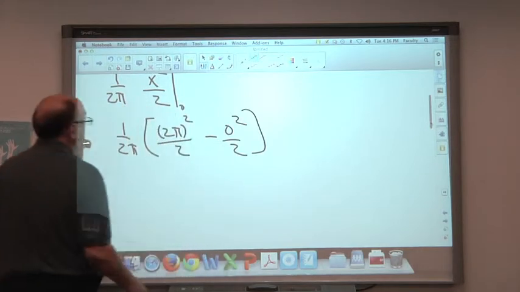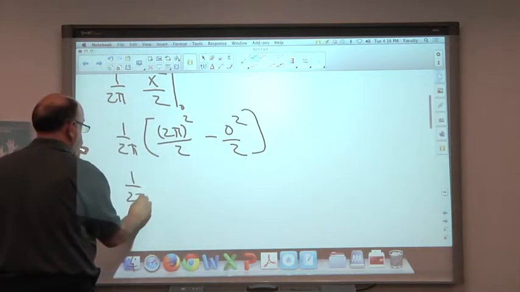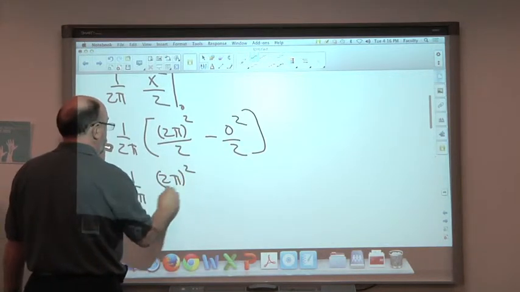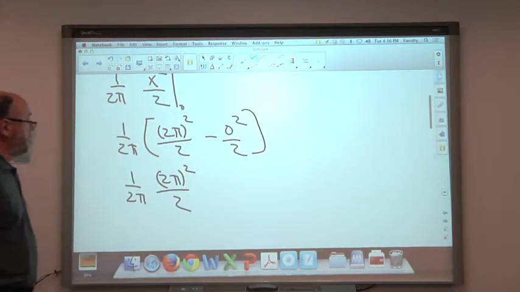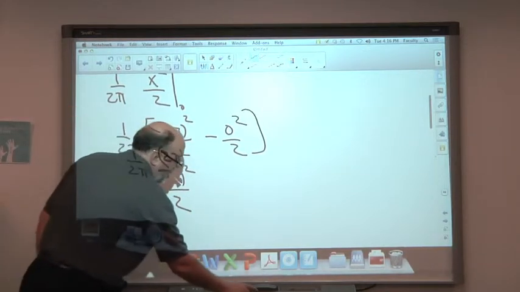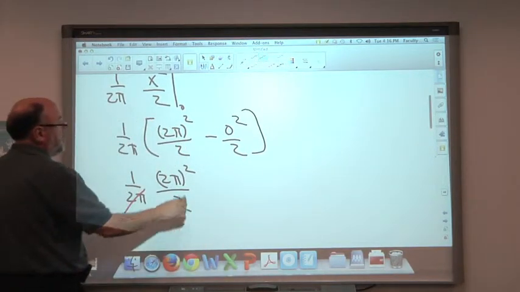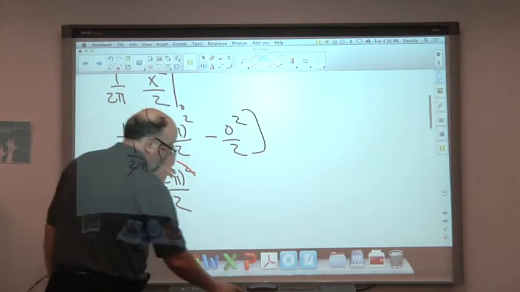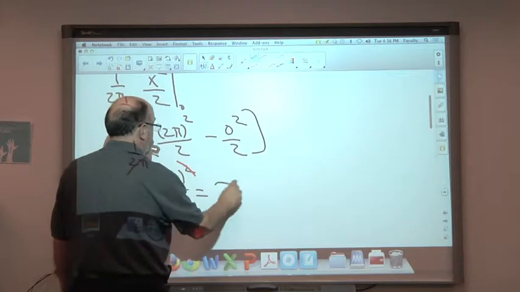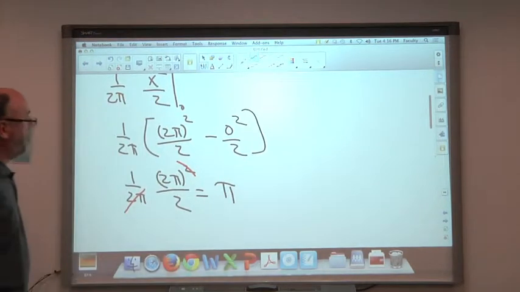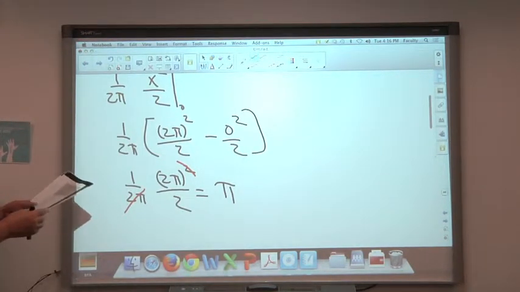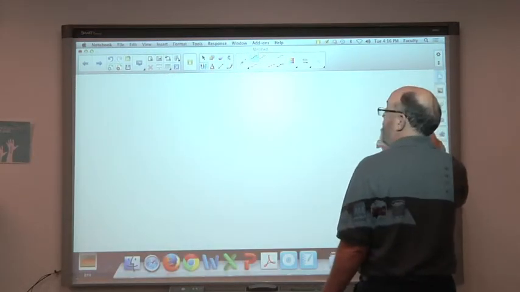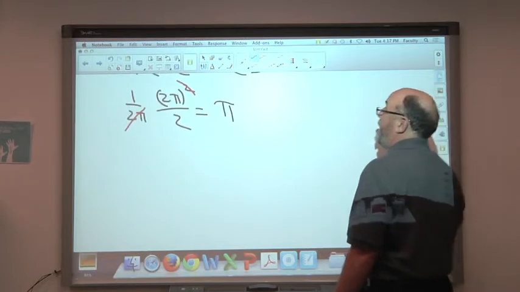So we end up with 1 over 2 pi times 2 pi squared over 2. The 1 over 2 pi here will cancel out the exponent there, and we end up with 2 pi over 2, which is pi. So a naught is equal to pi. Okay. So that's our value of a naught.